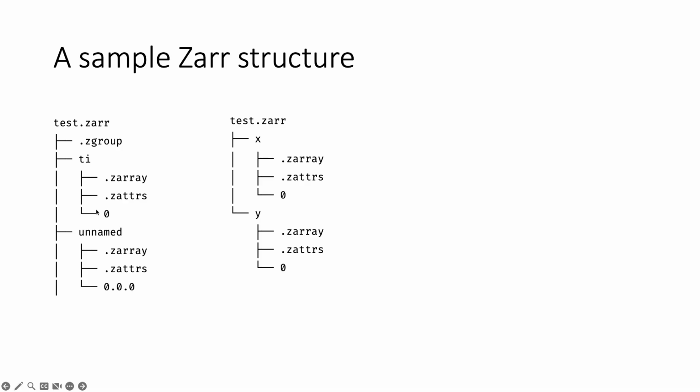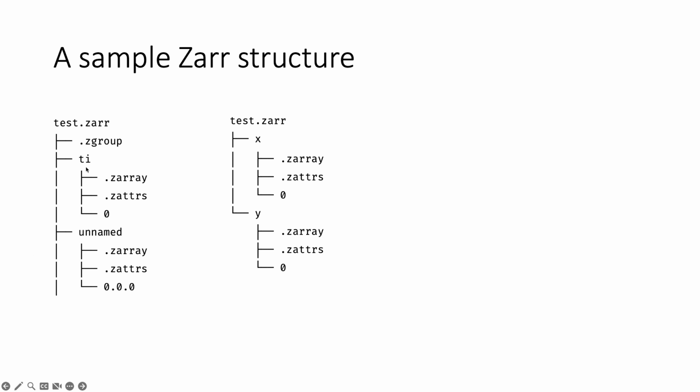Because if you think about the directory path it takes you to get to this, right? test.zar/ti/0. So the ability to figure out the file that you need is actually very simple. So there's this thing called time, this thing called x, this thing called y, and my actual data set, which I think I left unnamed for some reason.